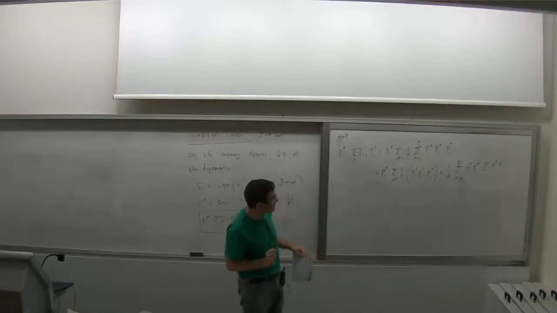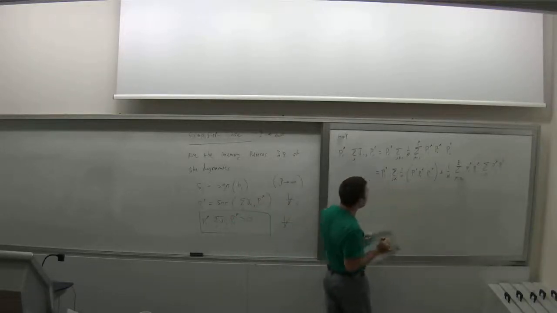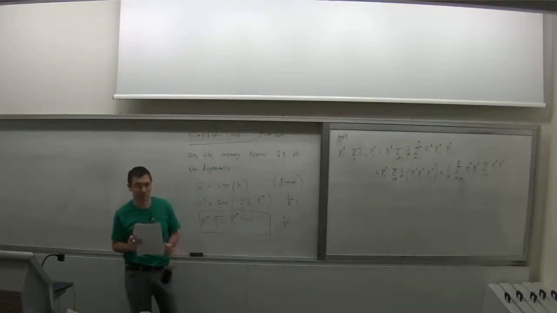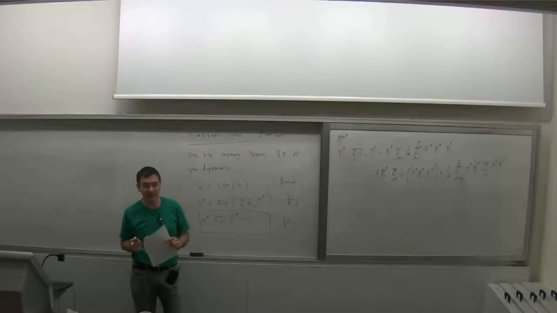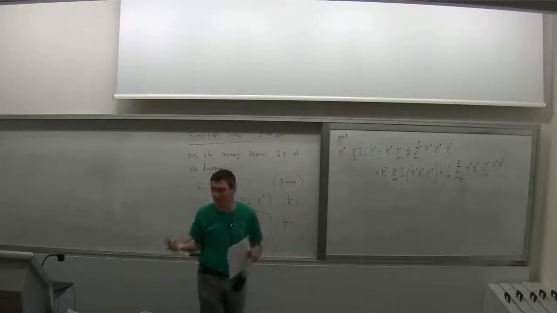And why did I do it? Well, I did it because what's the product of pj1, pj1? 1. We said that pi mu is 1 or minus 1. So it can either be 1 or minus 1.